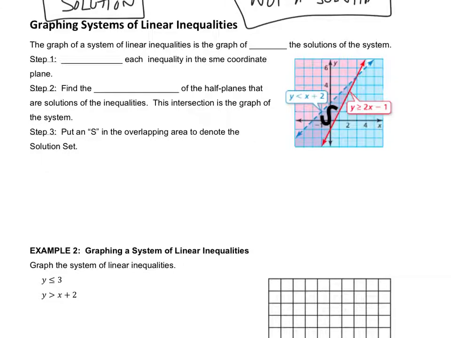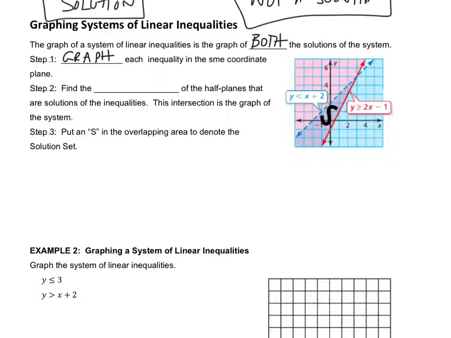So now we want to graph one of these. So the graph of a system is the graph of both the solutions of the system. So first, we want to graph each inequality in the same coordinate plane, including its shading.